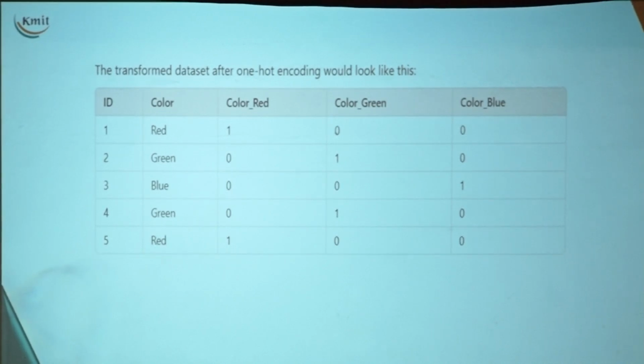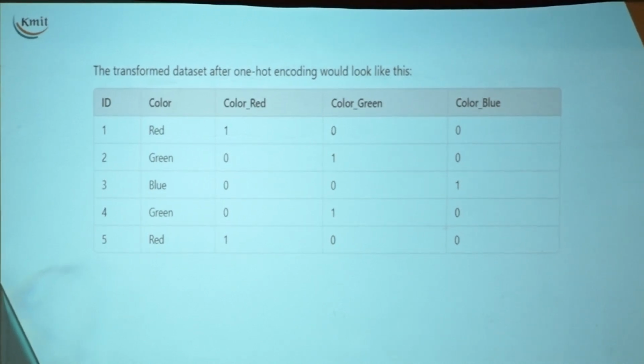I have converted the target variable into different classes based on how many types of possibilities of output I have. In the color column, I had green, blue and red, so they are categorically mentioned. I don't want categorical mention here. I want to know whether it is green, whether it is blue, whether it is red.